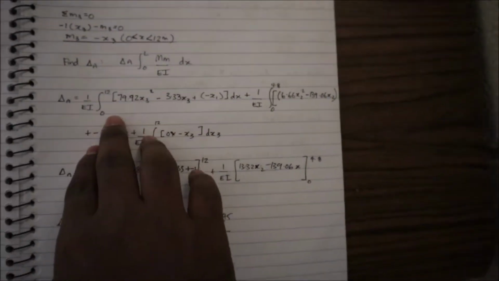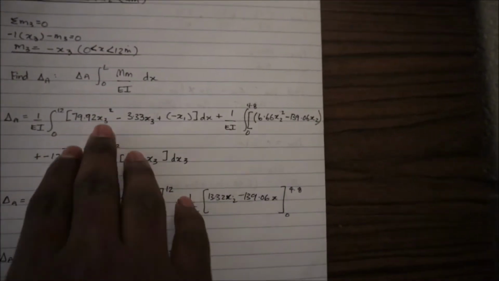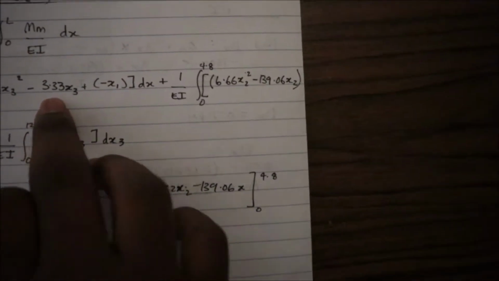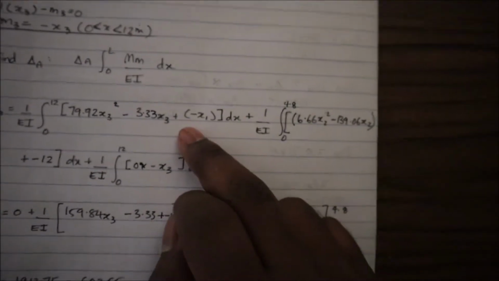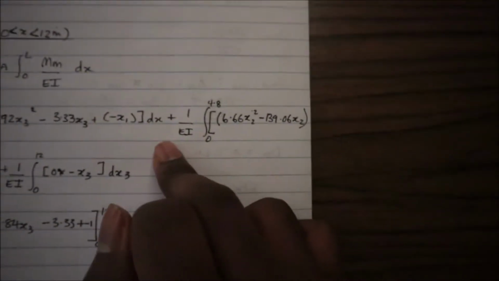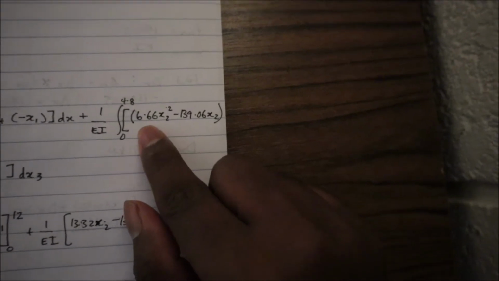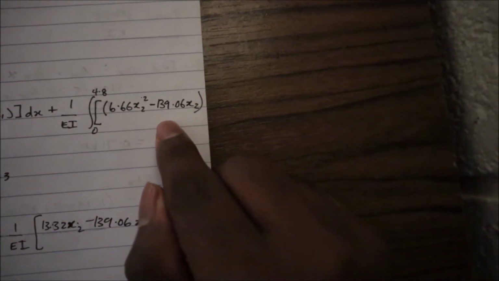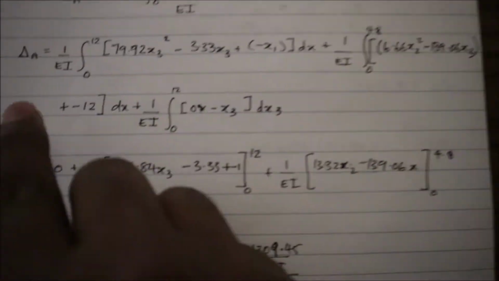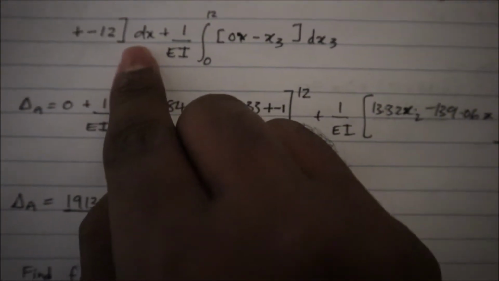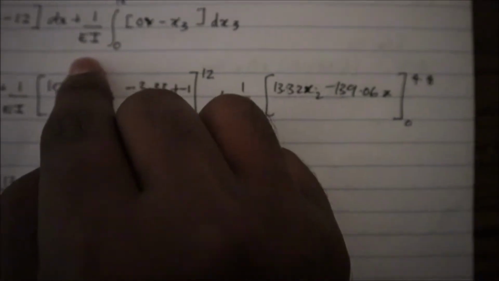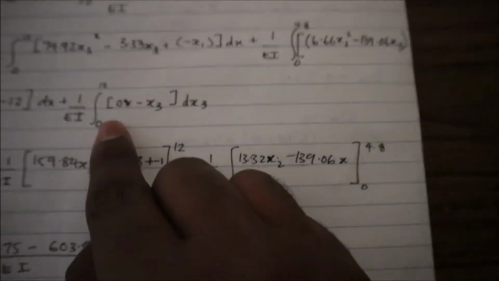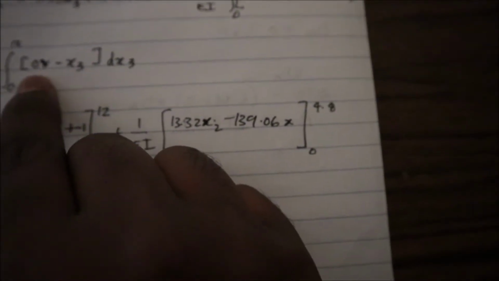So 79.92 x3 squared minus 3.33 x3 plus negative x1 dx, plus 1 over EI into 6.66 x2 cubed minus 139.06 x2 plus negative 12 dx, plus 1 over EI is equal to, that is a 0, I think.